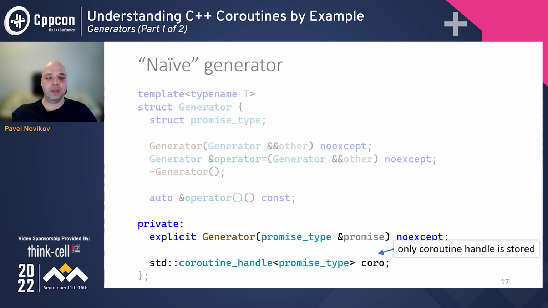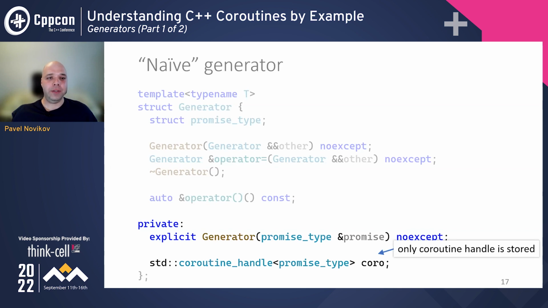This fulfills the purpose of a kind of pointer to the coroutine stuff, like the coroutine frame and whatnot, and the promise that is stored inside of the coroutine frame. It is very slim. It's usually the size of a pointer, so it's economical to only store the coroutine handle in our generator type.